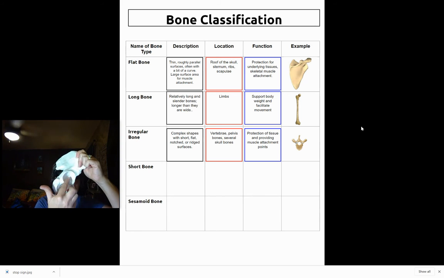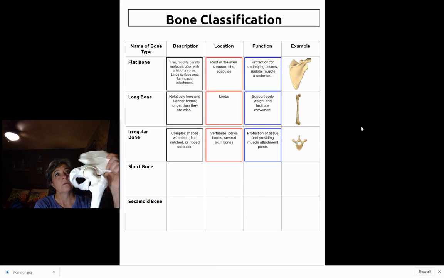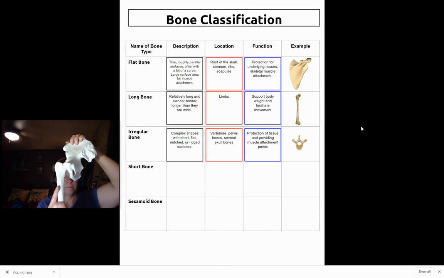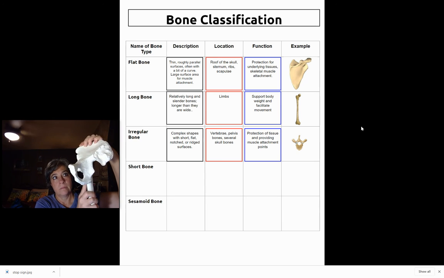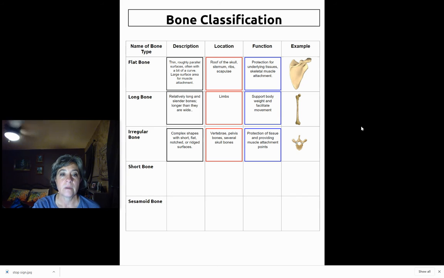This place right here is where your femur fits. So your pelvis is angled this way. Sorry, I'm trying to do this backwards. There we go. So that's how your femur fits into your pelvic bone.